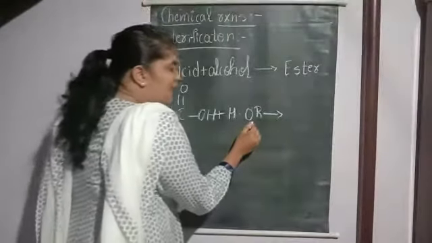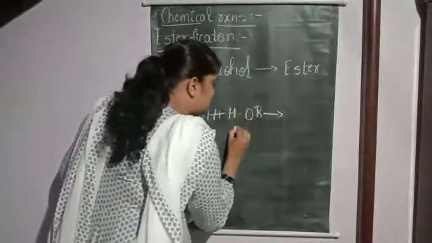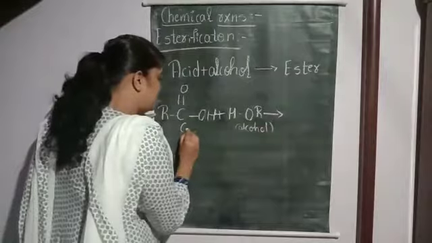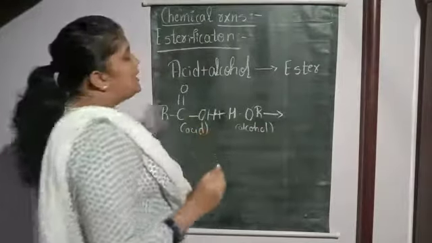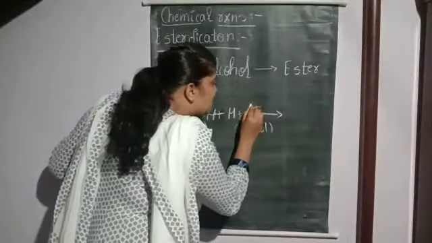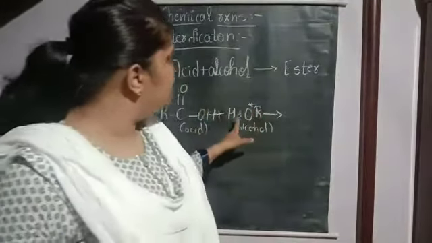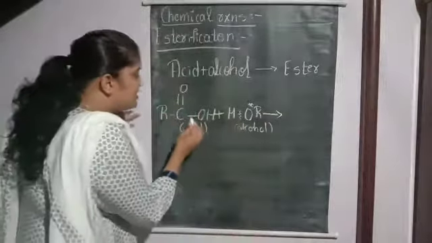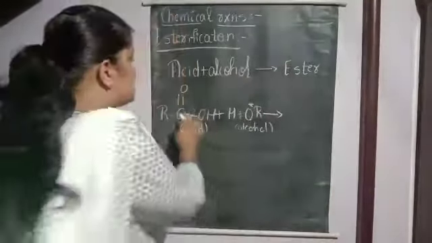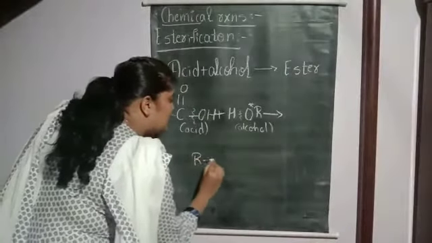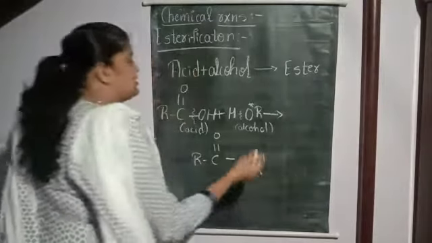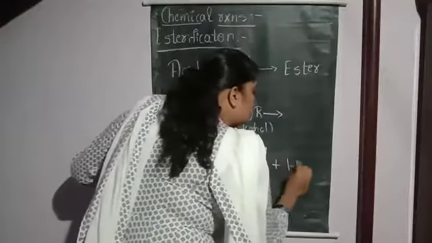In the alcohol, O-H bond cleavage takes place, and in the acid group, the OH group is removed, forming the other part as R, C double bond O, O, R dash plus a water molecule.